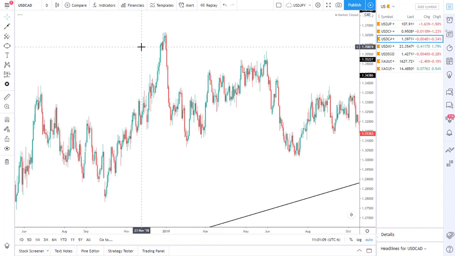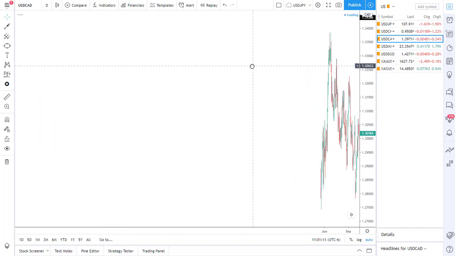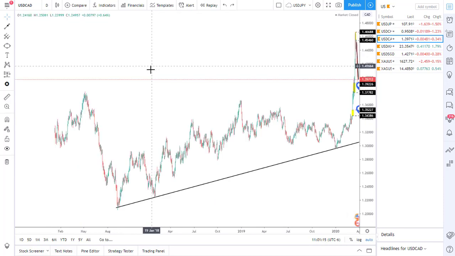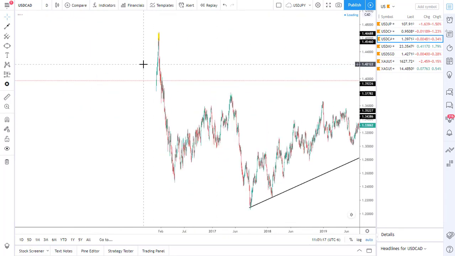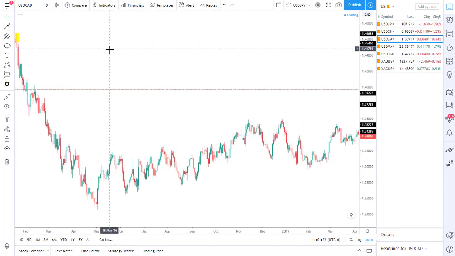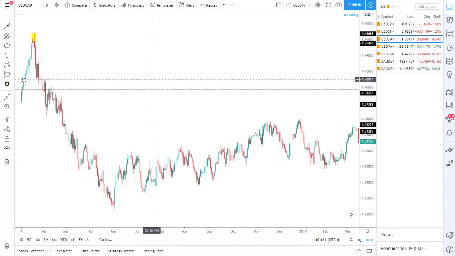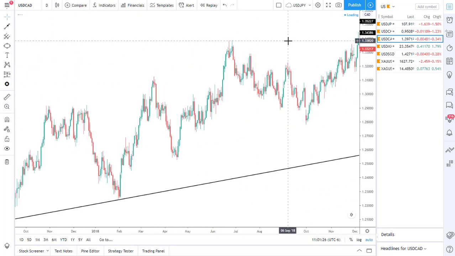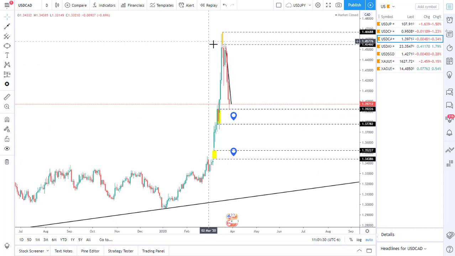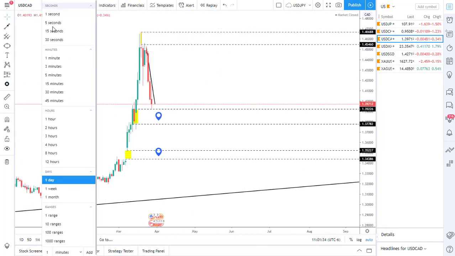All right, I mean, oh no, there is the supply level right there, and that's where price, you know, made its reversal.